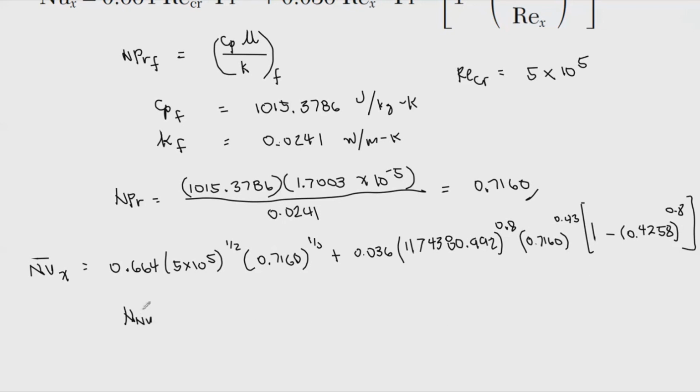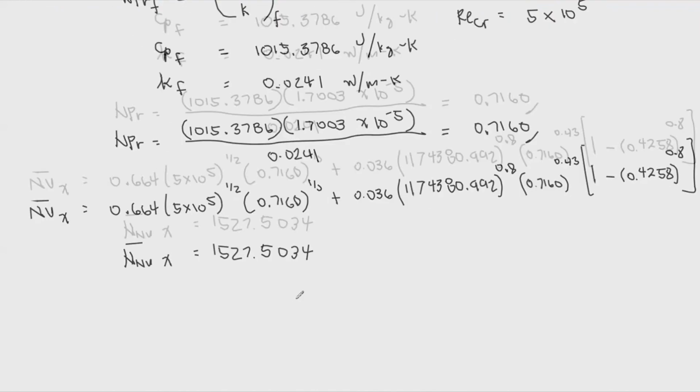So what we'll have for the average Nusselt number along the x path is 1527.5034, and that is a dimensionless number.